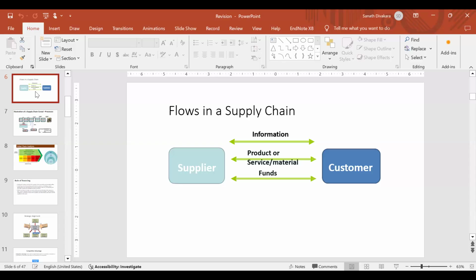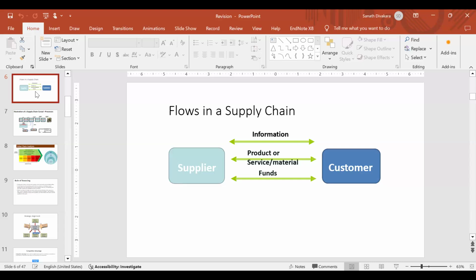Value proposition means customer and supplier. Customer is there, supply is there. You want to match the requirement, because business is earning customers.